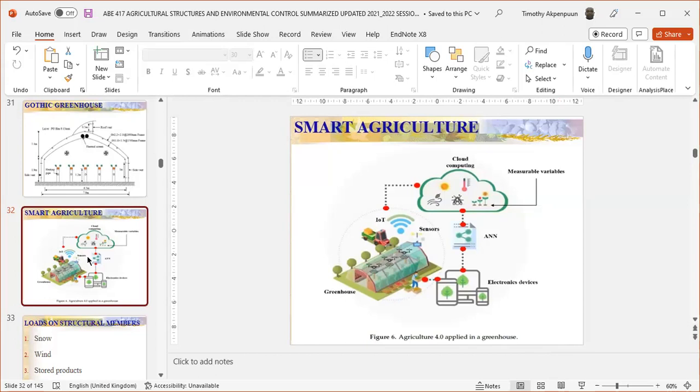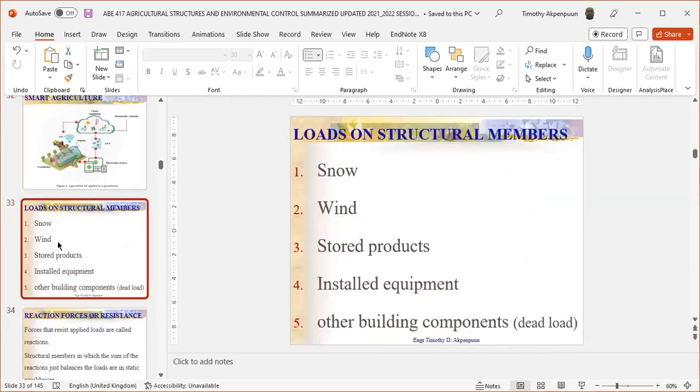So let's continue. Smart agriculture. Loads on structures. Now we are entering gradually into design of structural members. To design a farm structure, depending on the kind of shade, you need to first of all evaluate how much load this structure or member is going to carry throughout its lifespan.